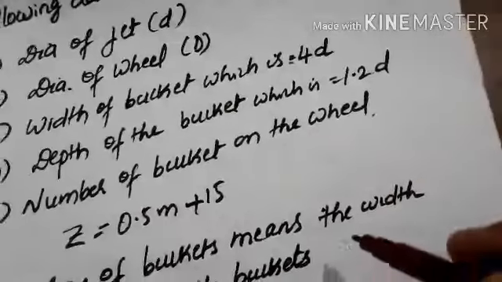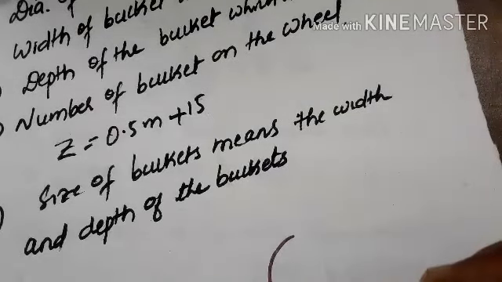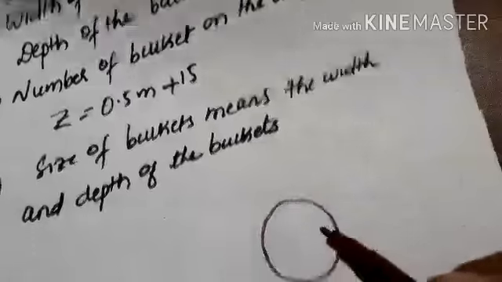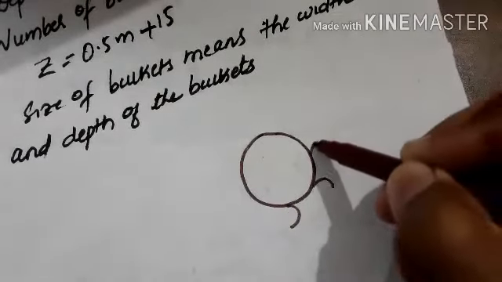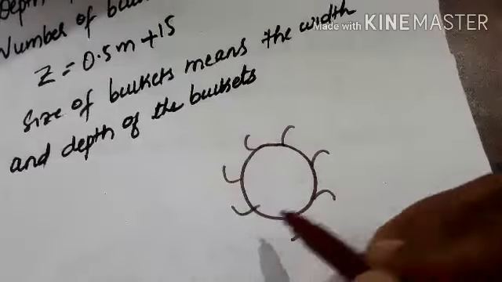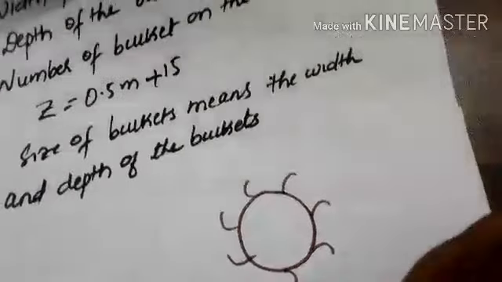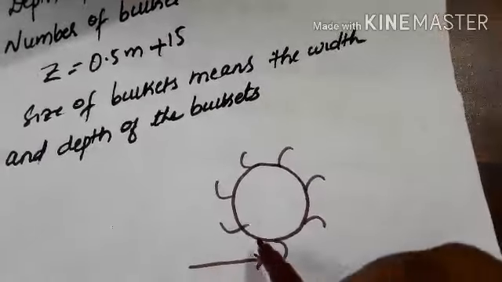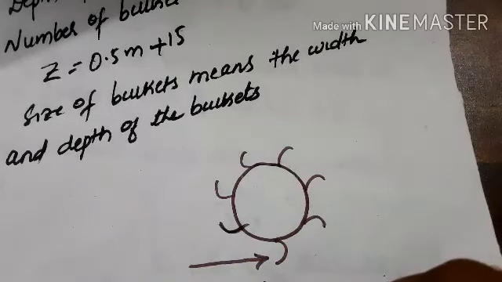The number of buckets on a wheel means, this is the wheel, how many buckets to be placed; we need to calculate the optimum number of buckets. So the jet, whatever it is striking, should not miss by striking the bucket.